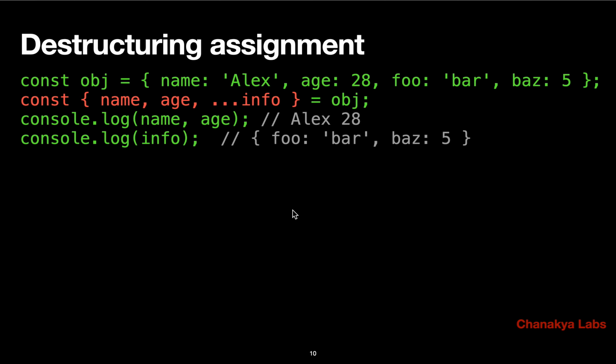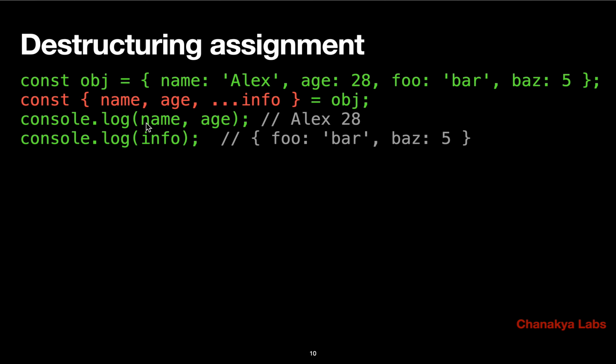Okay. Next, we were saying that this name is fine, age is fine, but this is sort of a restrictive thing, right? Whatever the key is, I am declaring that here only. What if I want to change that name? Obviously I can, if I want to change, write const someOtherName = obj.name, which means I want to use some other variable for obj.name rather than name.